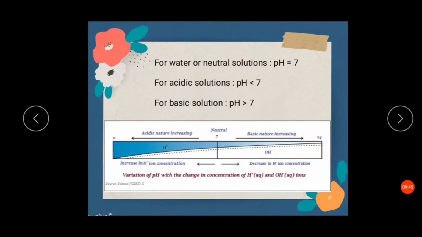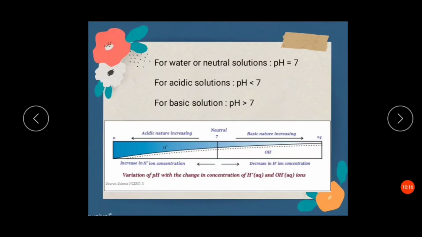Now this diagram here shows the variation of pH with the change in the concentration of H plus and OH minus ions. See, the H plus ion here is maximum and here it is less. So the acidic nature is increasing while going from 7 to 0. The acidic nature increases. It means the number 0 or the number 1 will be the most acidic.